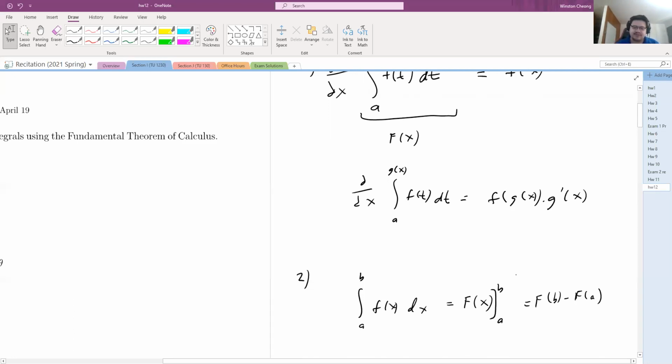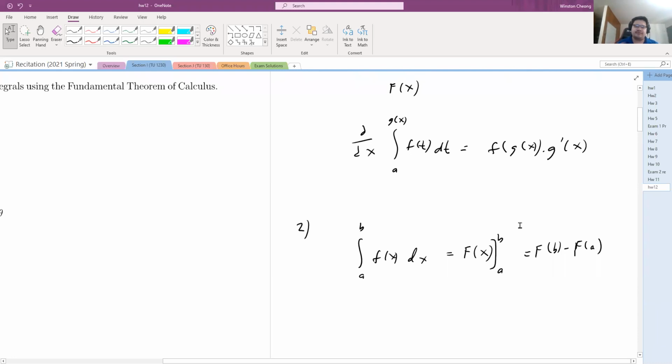And the way to actually see that this has anything to do with a derivative and an integral is to notice that this thing inside is actually capital F of t.